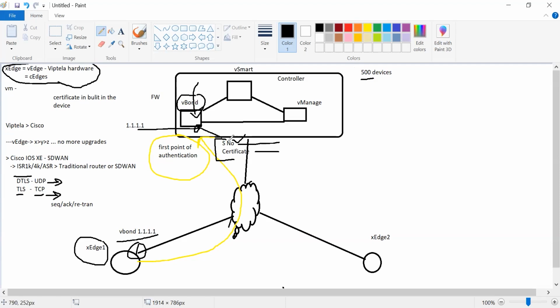Now, the serial number is already whitelisted; if it matches, the first level is passed. Second, the certificate.